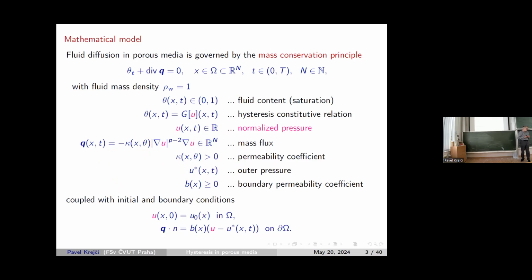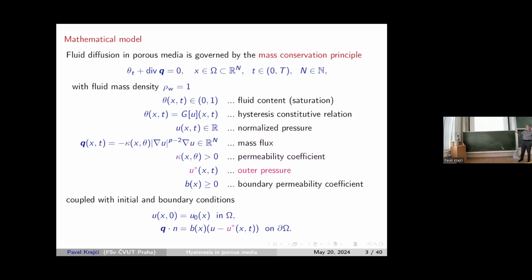They say this is physically not correct, not to take into account the saturation dependence in the permeability condition. And then there is something like a nonlinear function of the flux. I will explain why I do it. There are again physical reasons for including it. Okay, then this is the flux, permeability coefficient.